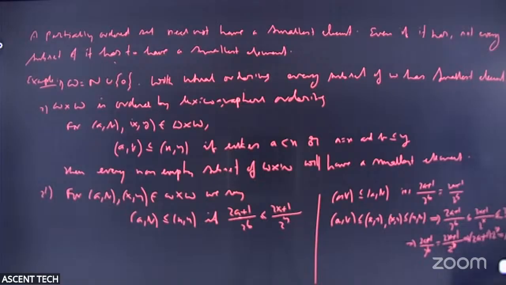You see, because 2a+1 and 2x+1 are odd, if you want these to be equal, 2^y ought to be 2^b, which means y equals b, and 2a+1 has to be 2x+1, so a equals x. So you can easily prove anti-symmetry. Transitivity is obvious, the same thing. So this is a partial ordering on omega cross omega.